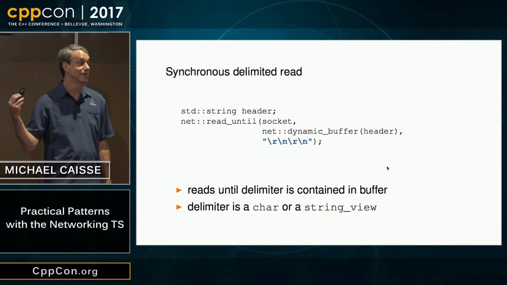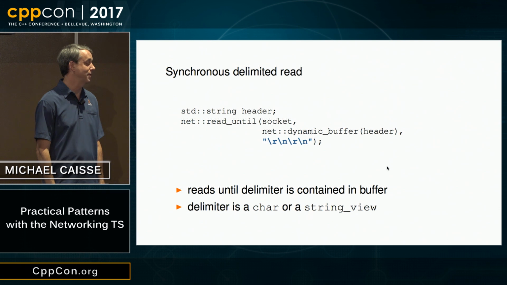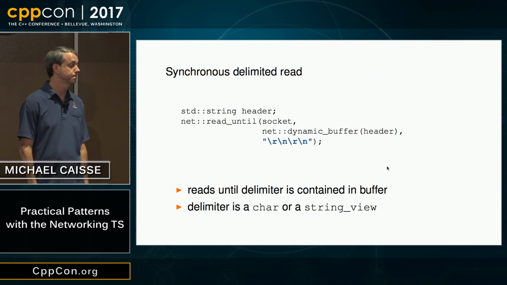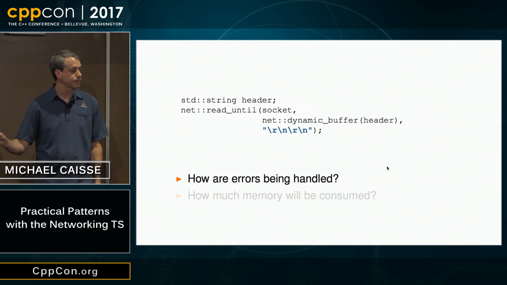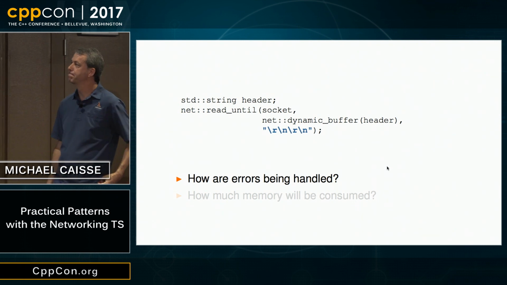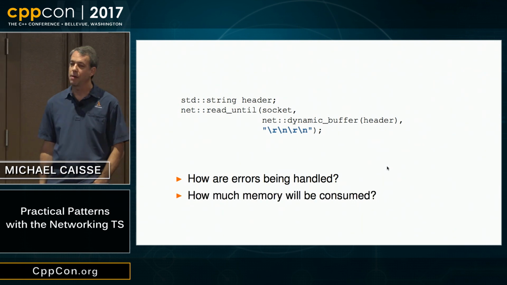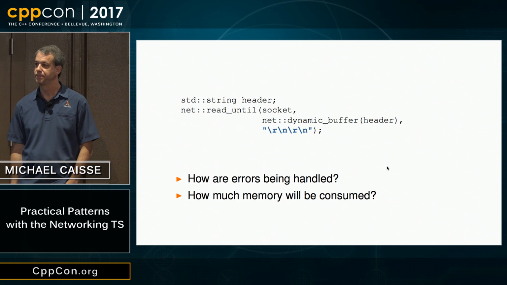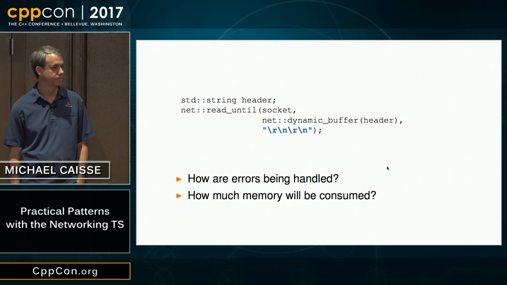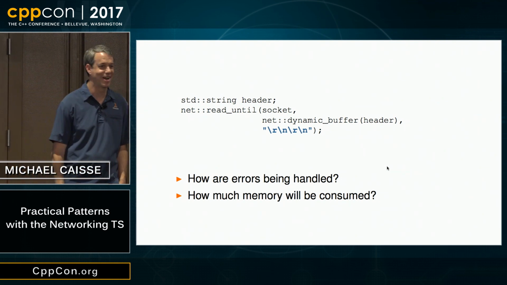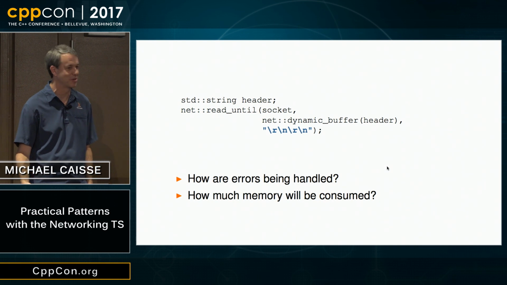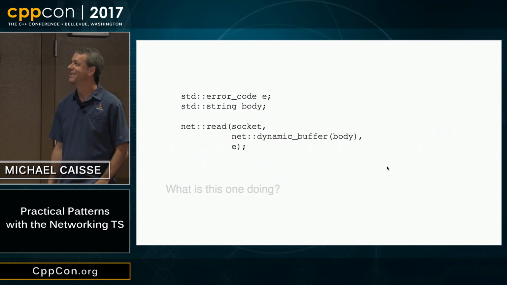And right now, we didn't pass an error code, so we're going to be throwing an exception. So how much memory will be consumed with this? Yeah, I don't know, right? We've not capped it. And if we're concerned about that, we should do that.